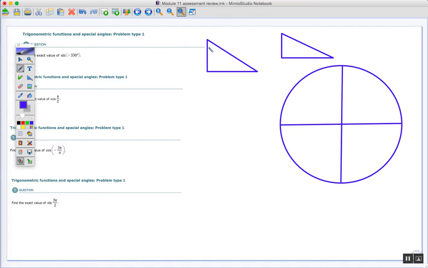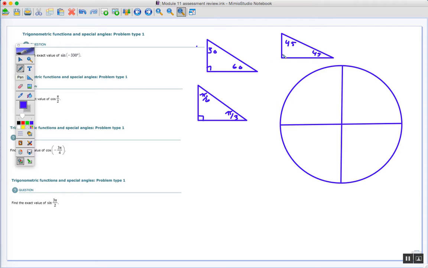So this is our 30, 60, 90, and our 45, 45, 90. That's in degrees. If we're working in radians, I'm just going to draw that triangle again and show it in radians. 30 degrees is pi over 6 radians, and 60 degrees is pi over 3 radians.